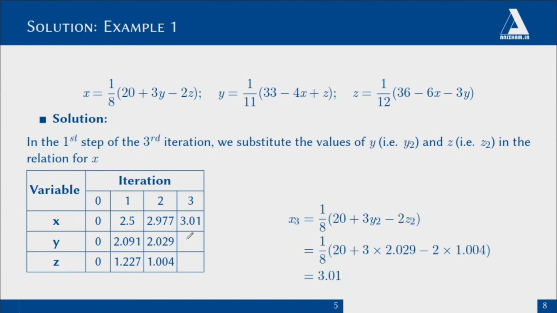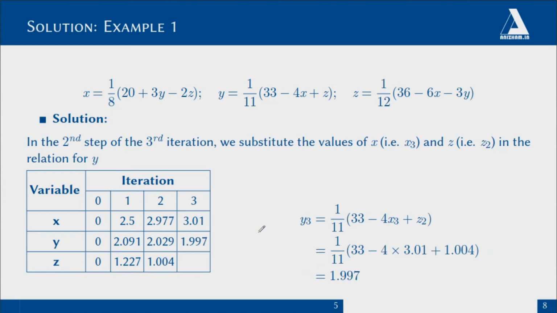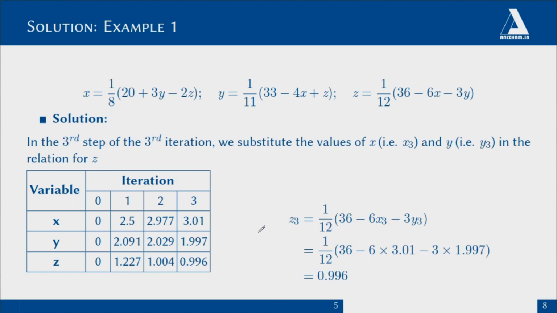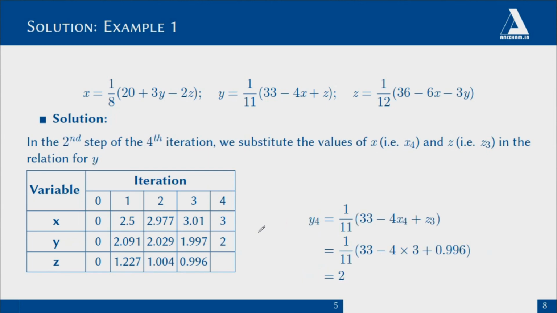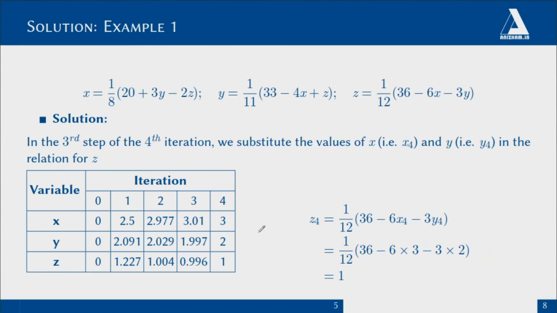And in the third iteration, we obtain x as 3.01, y as 1.997, z as 0.996. In the fourth iteration, we obtain x as 3, y as 2 and z as 1.